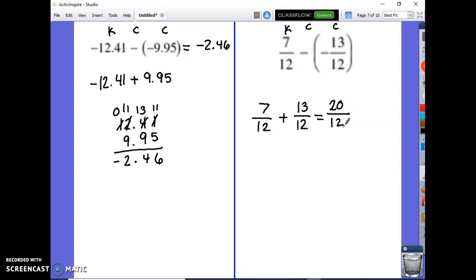That can be reduced. 10 over 6, 5 over 3. That 3 goes into 5 one time with a remainder of 2 over 3. You can reduce it in steps like this if you'd like, or you can reduce it all in one go. Okay, so our answer is 1 2/3.